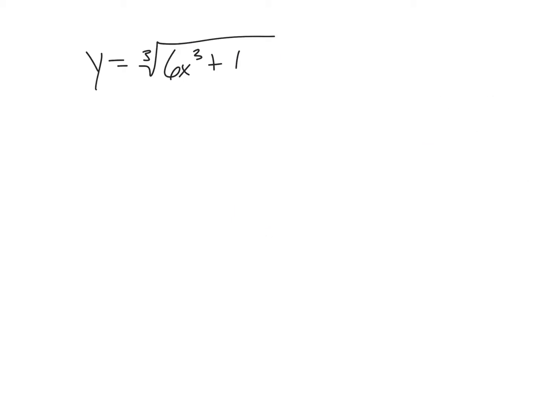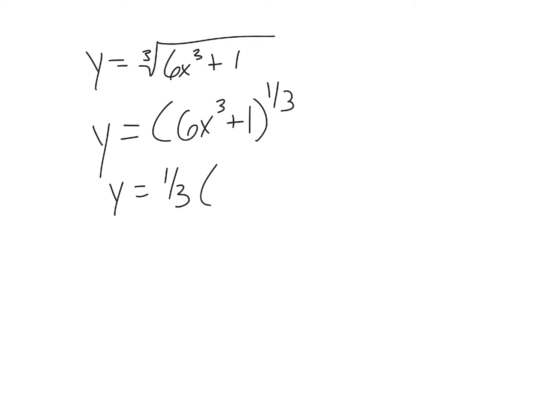Alright, second example. Remember we have a third root. It's like saying this to the 1/3 power. Identical. So when we go to solve this, bring that 1/3 up front. Then subtract 1, so it's going to be negative 2 over 3. Now multiply by the derivative of the inside, and that's going to be 18x squared.